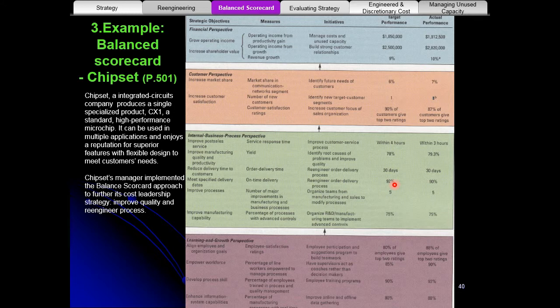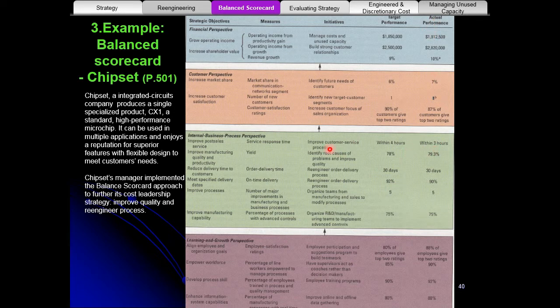But for now, we're just focusing in the Balanced Scorecard on having good measures that are really relevant to the initiative we want to put in place, but also having a target for the measure to help engender some motivation around the measure. This is important. And so now we can see Chipset has actual performance.